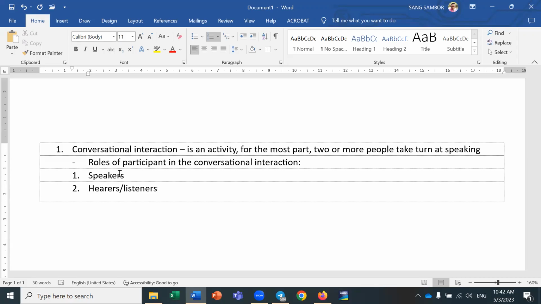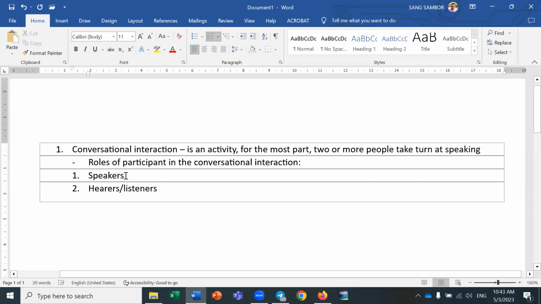Turn taking needs to be carefully taken. If the participants do not take their turn carefully, when two or more people are talking at the same time, nobody will actually understand anyone. So people take their turns as the speaker.